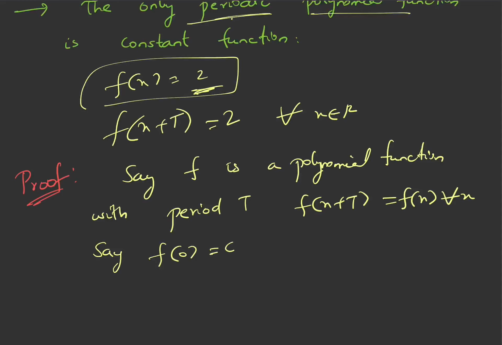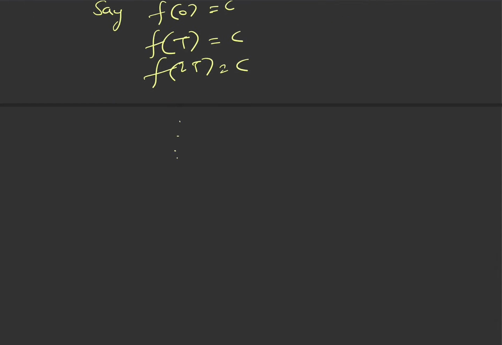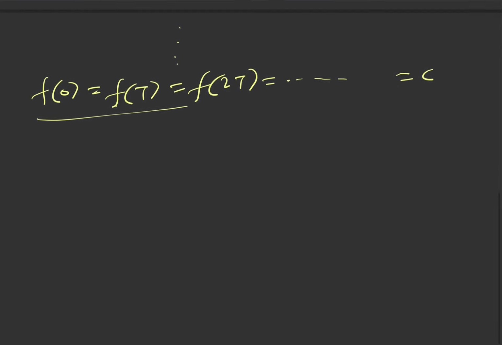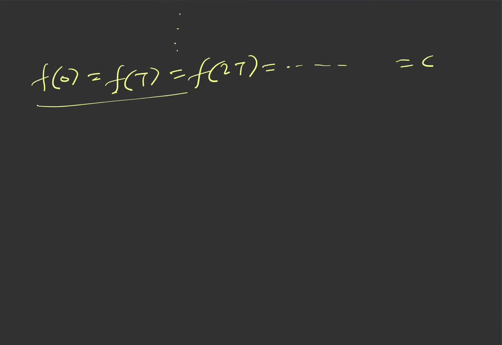If you put x is equal to 0 in a polynomial, let us say you are getting a value c. So it means what? F of t is equal to c, f of 2t is equal to c, and so on. Everything is equal to c. So f of 0 is equal to f of t is equal to f of 2t, and so on. All this is equal to c. So there are infinitely many values for which the function value is equal to c.